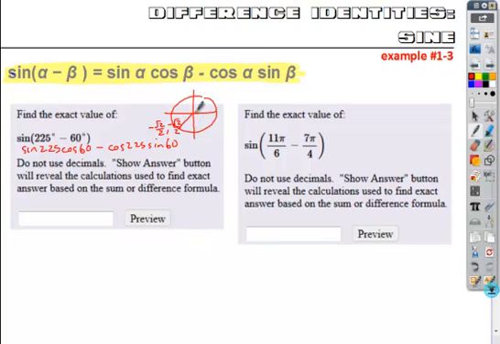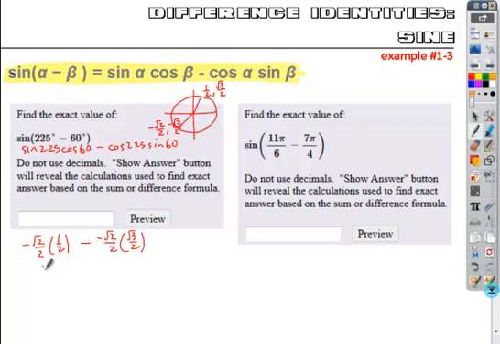And then you have an angle of 60 degrees, which is right up here. 60 degrees has a cosine of 1/2 and a sine of root 3 over 2, again, just from the unit circle. So when you plug these in, the sine down here is negative root 2 over 2. The cosine up here is 1/2, minus the cosine down here, which is negative root 2 over 2, and the sine up here is root 3 over 2. So those are the values that you're going to calculate.